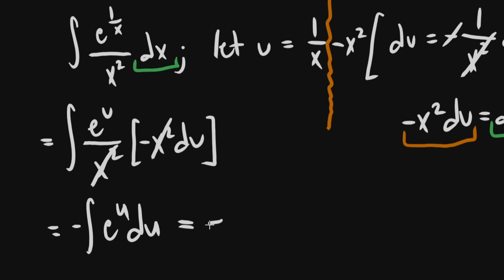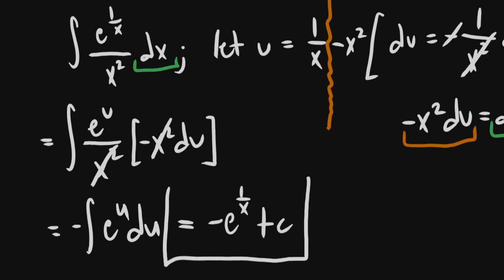So negative e to the u, where u is 1 over x, and that's it, plus c. So that should be our final answer.